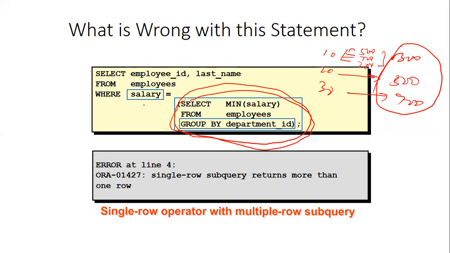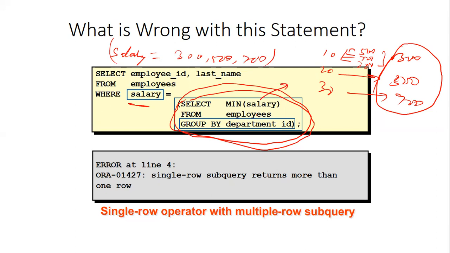Then what will happen? How will this statement become? Like salary equals multiple values 300, 500 and 700. So how will you compare it with 300, 500, 700? Is that okay? So in this case it is returning multiple values.